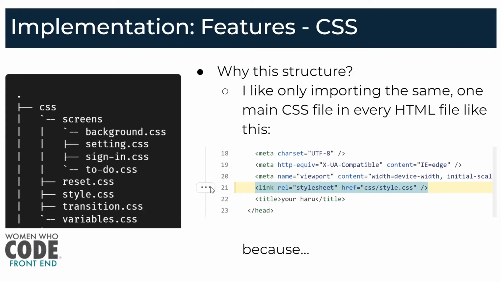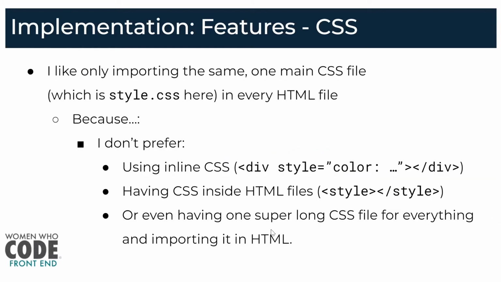In the index.html, there's just one line importing CSS because I don't prefer using inline CSS, which is directly applying style inside an HTML element. Or I don't like having CSS inside HTML files using the style tag within head. Or even just having one super long CSS file for everything and importing it in HTML.